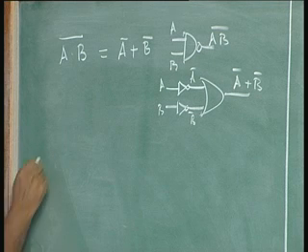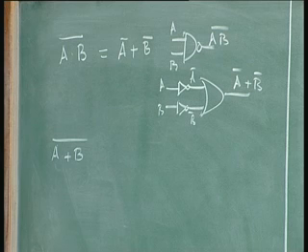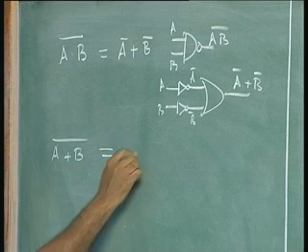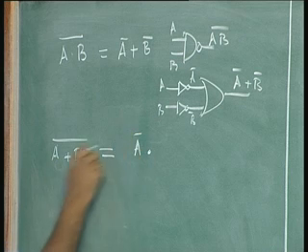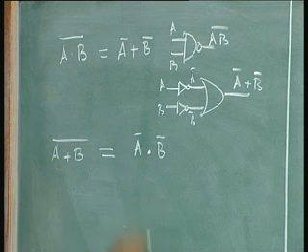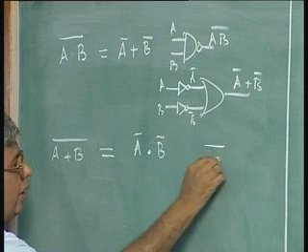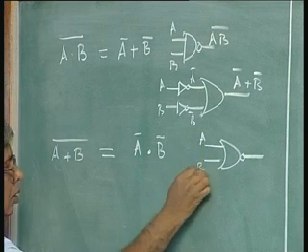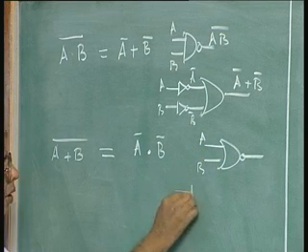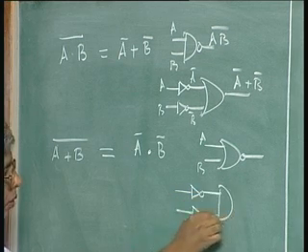Likewise, I can start with an OR operation and complement the whole thing, write it as the complement of the OR operation as the AND operation, A complemented as A bar, B complemented as B bar. Again saying the same way, I can have a NOR gate function, this is equivalent to complementing A and complementing B and feeding through an AND gate.